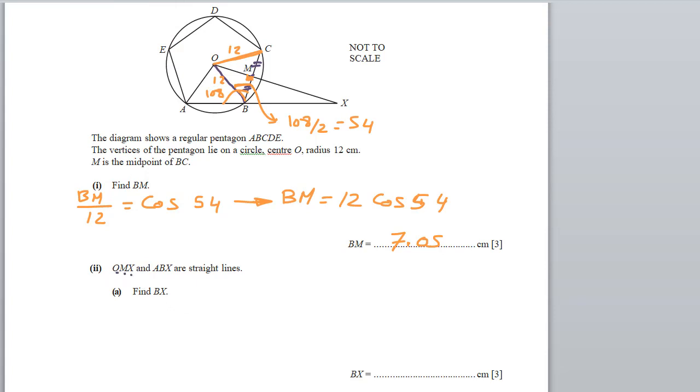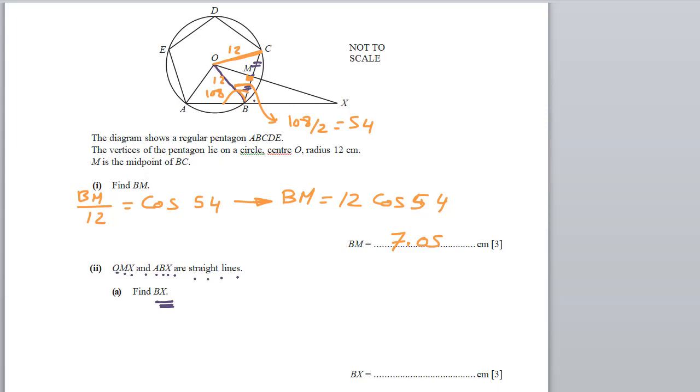Now find BX. OMX and APX are straight lines. Find BX. So we need this line. We need this line. So again, we have, this is 12 in this triangle.